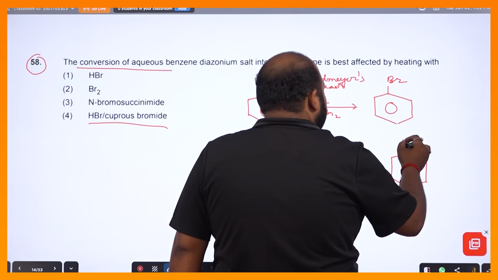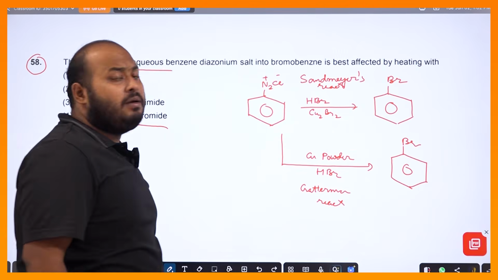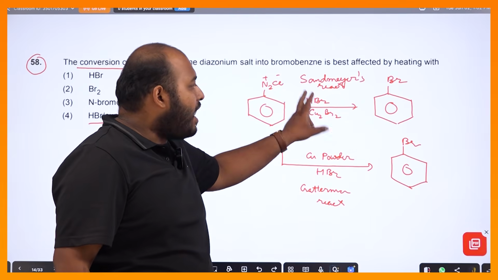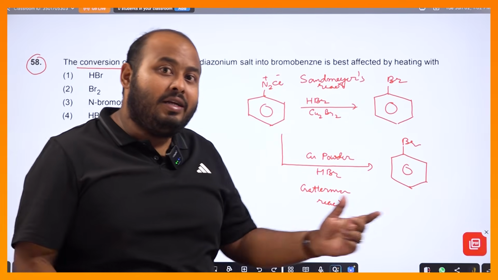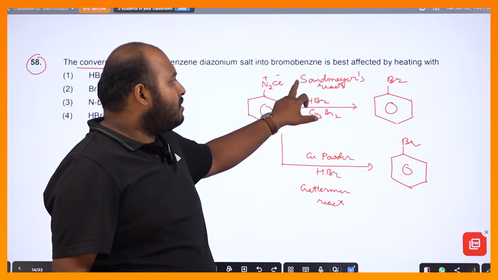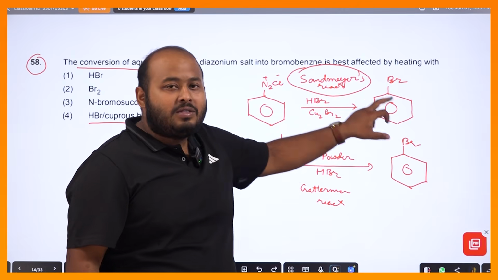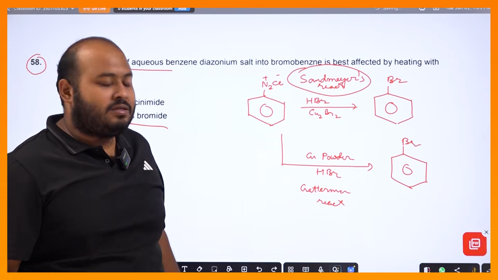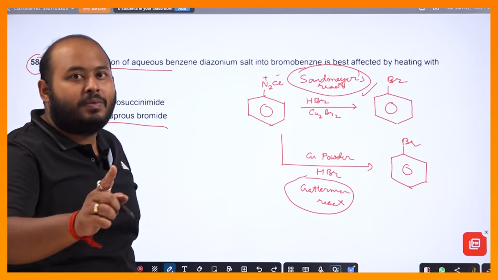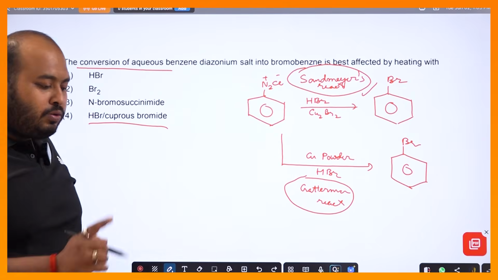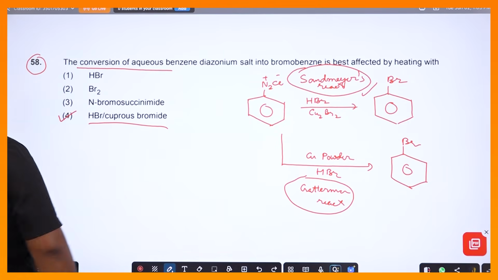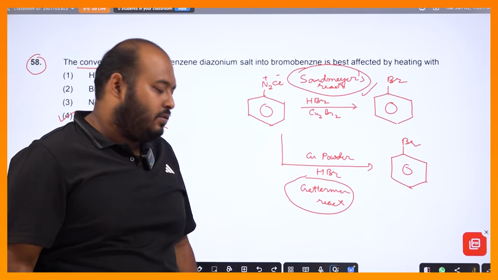But it is very important to note that Sandmeyer's reaction gives a better yield in this case. So using Sandmeyer's reaction to form bromobenzene from diazonium salt will be a better choice than the Gattermann reaction, because this gives a better yield here. Remember this part. This is mentioned in the NCERT. Go through the NCERT. So the correct option will be option 4.